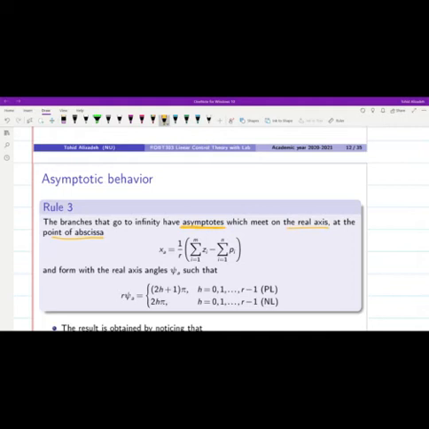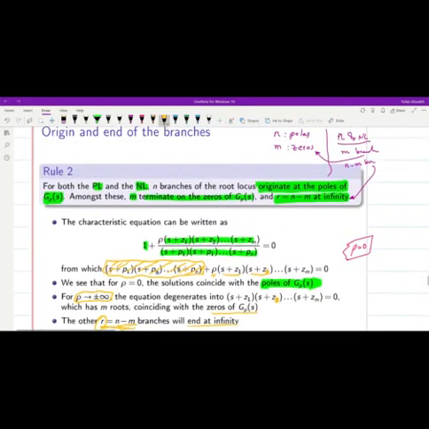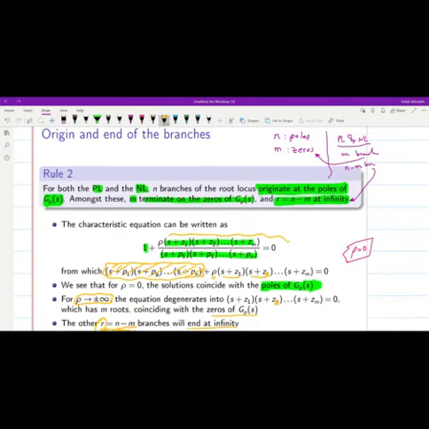The point of abscissa could be found referring to this formula that we have. XA is equal to 1 over R, where R is equal to n minus m, times the sum of zi's minus the sum of pi's. You just need to keep in mind that we are using the representation for GP of S in this form.